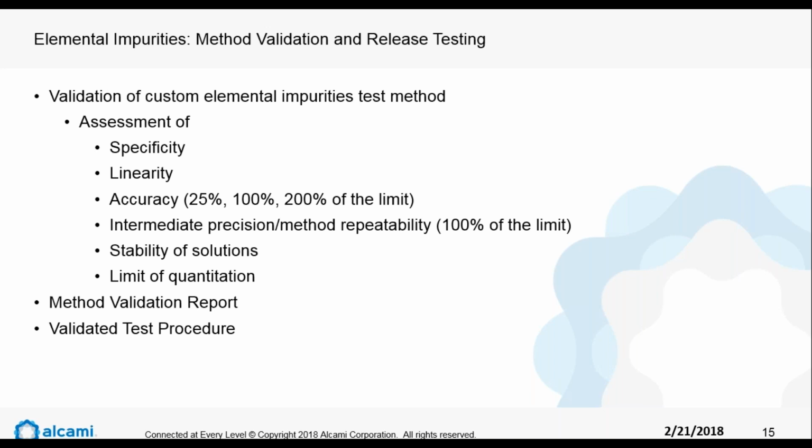Your deliverable for this is, of course, going to be a method validation report that details all of the results obtained during the validation, and most importantly, you're going to have that validated test procedure that you can then put on your specification.